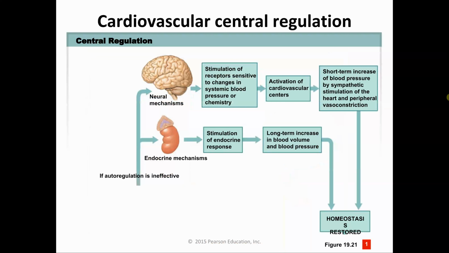So endocrine response, what is this? Adrenal gland. Yep. So that's going to be our epinephrine and norepinephrine. They stimulate that endocrine response, getting an increase in blood volume and pressure. And then the neural mechanisms. Remember, we have those cardiovascular centers.